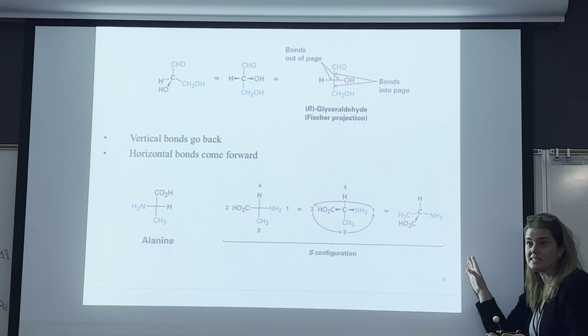Okay, so Kahn-Ingold and Prelog said that the heaviest is the priority. So hydrogen is going to be the lowest priority. It's going to be number 4, even though that's like the highest number. 1, 2, 3, 4. Sorry, chemistry's like that. Are you guys getting used to that now? Oh, it's completely opposite because this is chemistry. So anyways, let's just call that number 4 because that's our last priority.